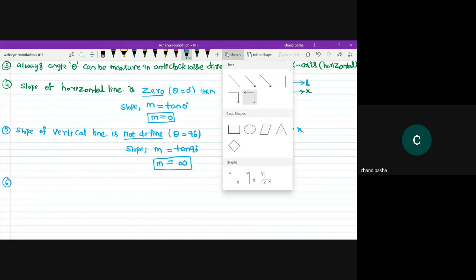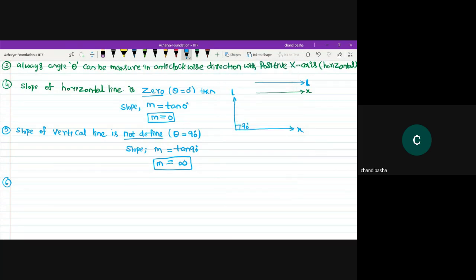I'm taking this as one line, L1, and this as another line, L2. The slope of this line will be m1, the slope of the other line will be m2.